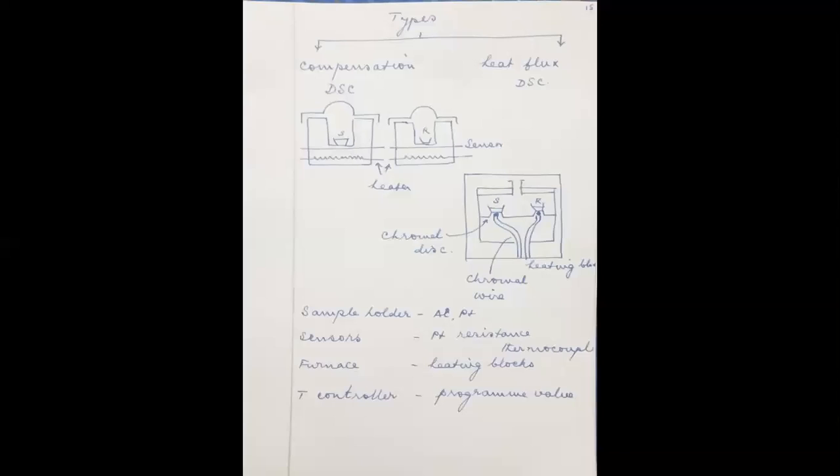Otherwise, what will happen if your rate changes? The rate of supplying the heat energy and the rate of accumulation of the heat energy by the sample are supposed to be equal. Otherwise, what will happen? The temperature difference will not be accurate and nothing can be interpreted using the data obtained by the differential scanning calorimetry.